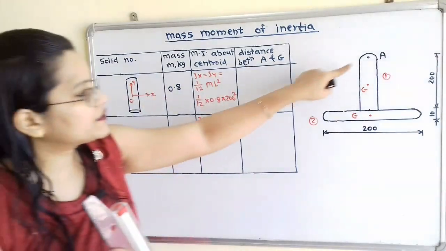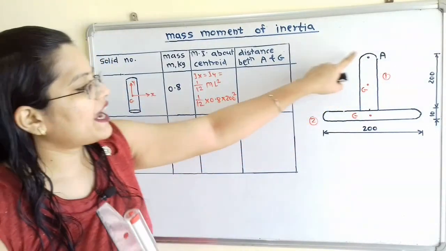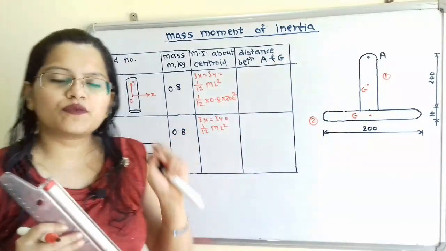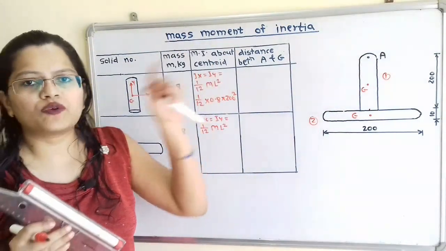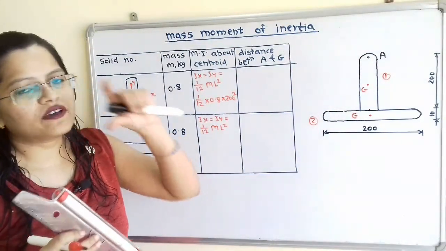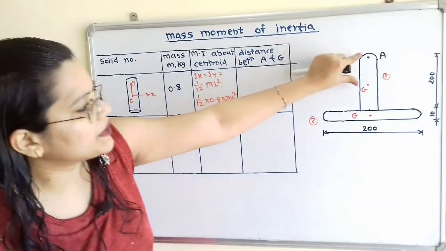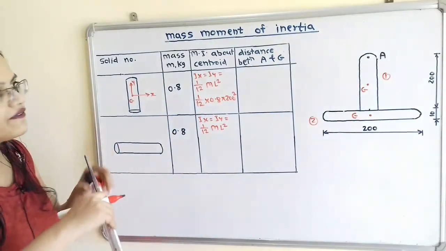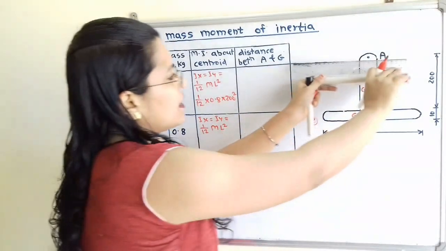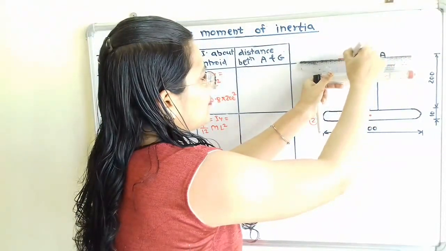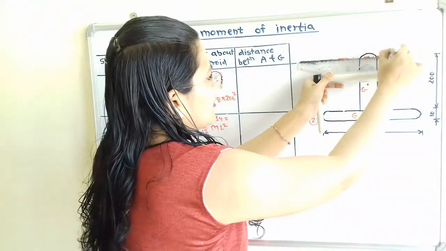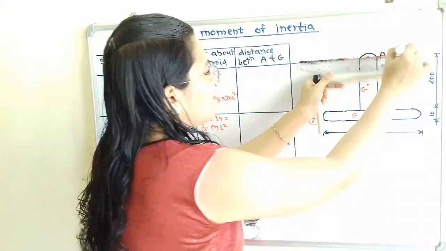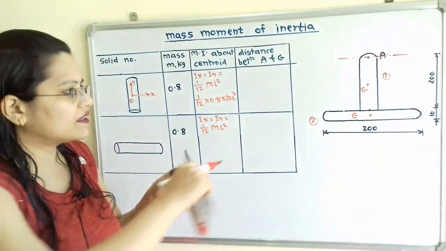Now, in this diagram, we have to find the mass moment of inertia about point A. We first find the distance between these two points. If I draw a line passing through point A, about this line we have to find the mass moment of inertia.